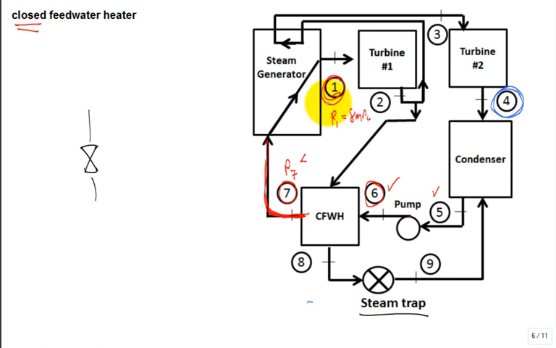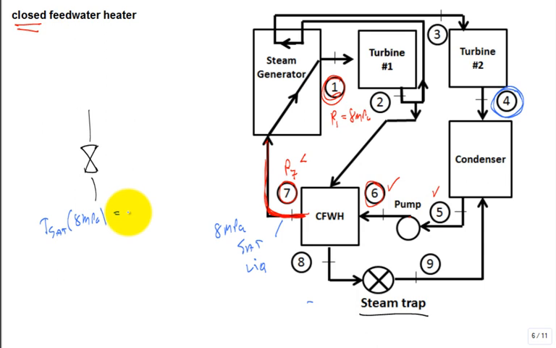Now, is it going to come out saturated liquid at 8 MPa? Well, before it came out saturated liquid, but that was because it was going into a pump to boost it from 1 MPa up. If you remember, I kind of threw around some numbers. What's the saturation temperature at 8 MPa?